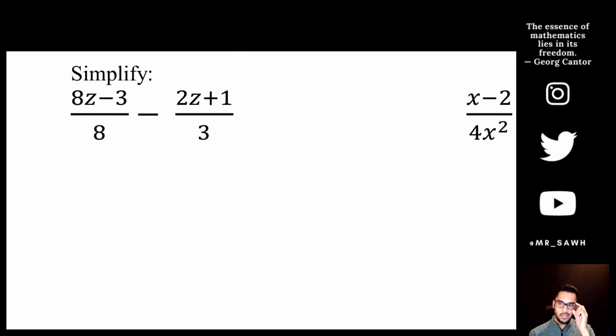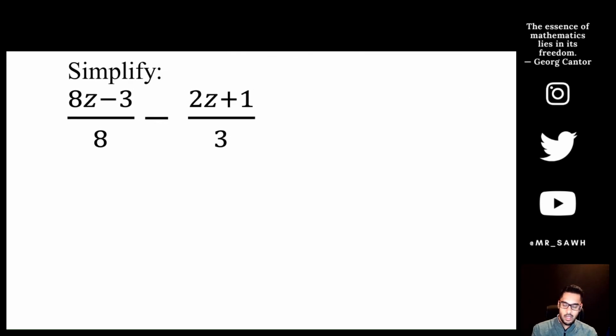Now I can simplify an expression that looks like this too, again, as long as I remember that the rules don't change. In order to subtract these two different fractions, I need a common denominator. Now, the new denominators are just numbers here, right? So the common multiple between 8 and 3 is going to be 24. So I'm going to take the first fraction and multiply the top part of it and the bottom part of it by 3.